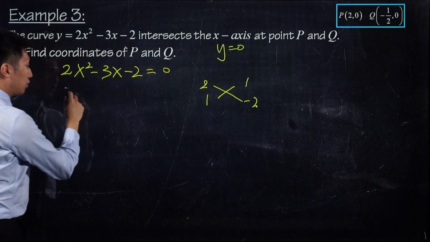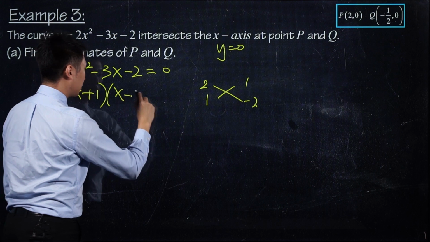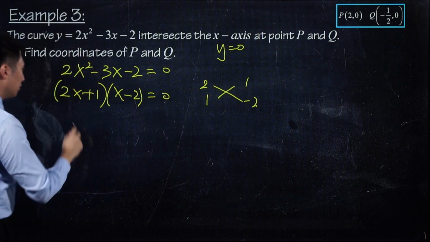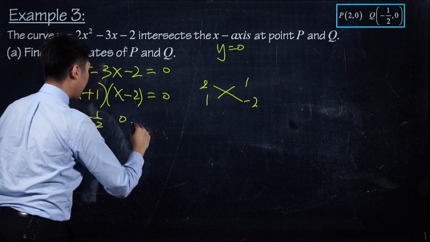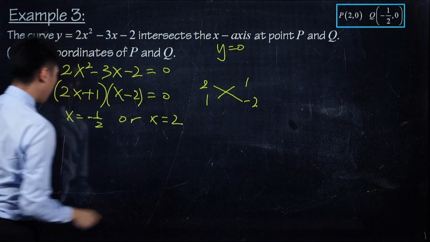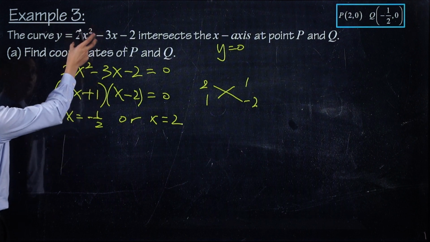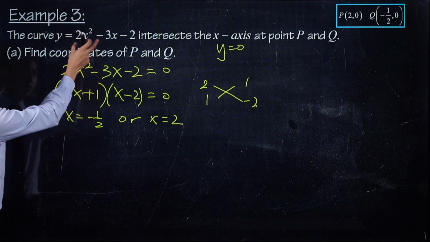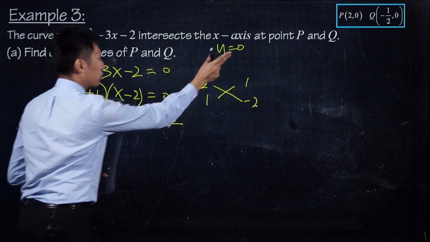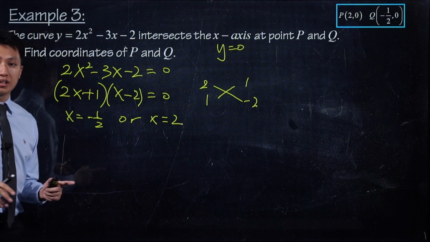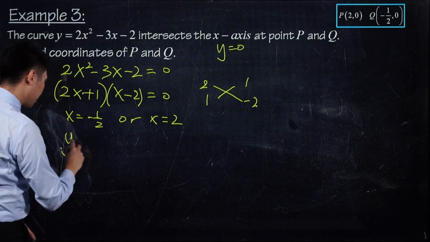Okay, so (2x plus 1)(x minus 2) is equal to 0. So x is equal to -1/2, or x is equal to 2. When x is equal to -1/2, I sub it back. Actually, you don't have to sub it back into the curve, because you can sub it into either equation, since they are the intersection point. So y is equal to 0.